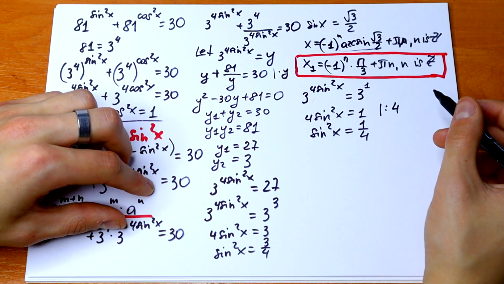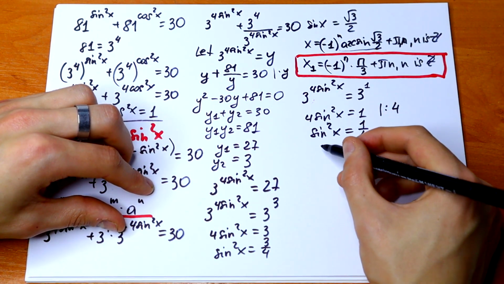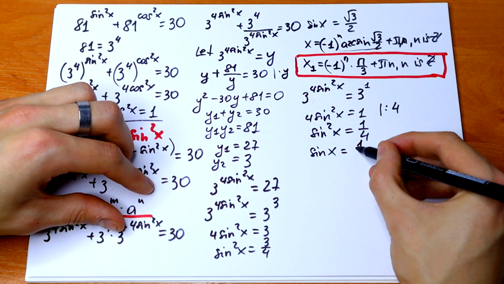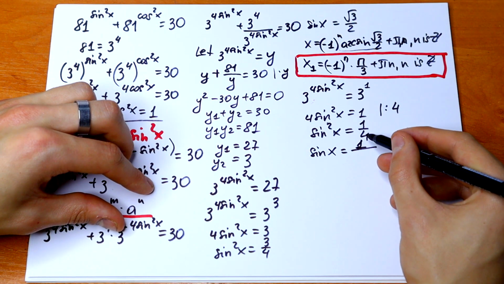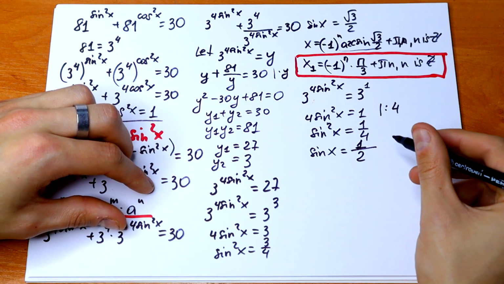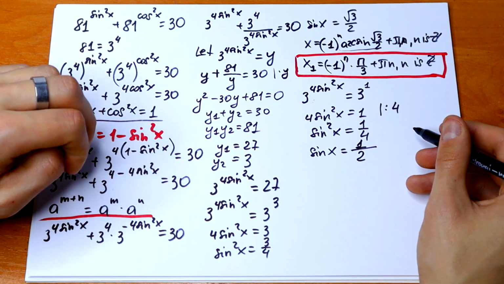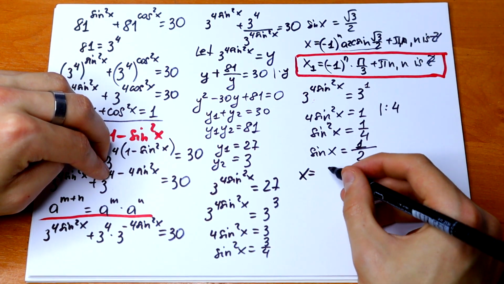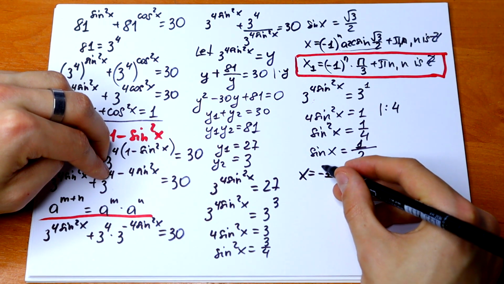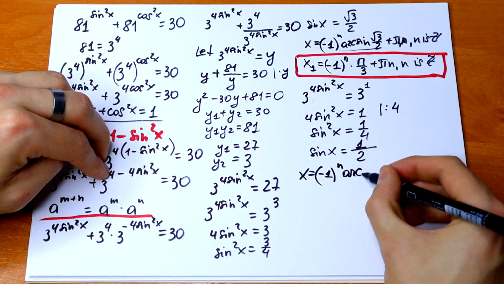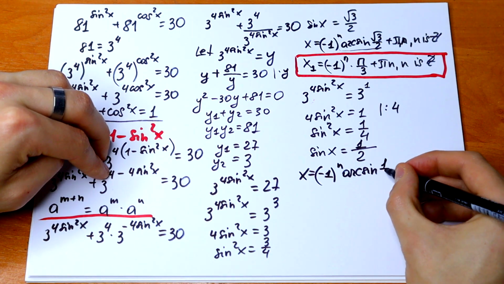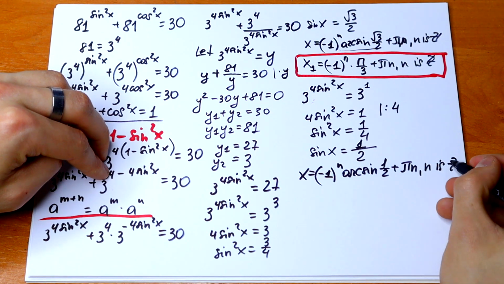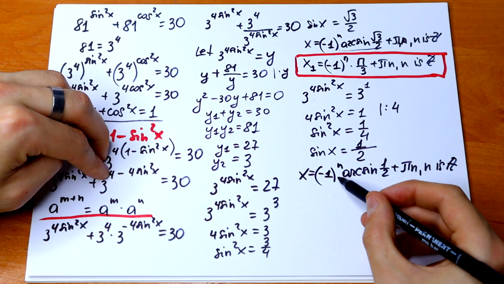So the next step, let's take the square root of both sides. We will have sine x right here, and right here we will have the square root of 1, which is 1, and the square root of 4 equal to 2. So for sure it is the table case, and we can solve this using this logic. So x will be equal to minus 1 to the power n arcsine 1 over 2 plus pi n, n is in Z. And for sure we can simplify this a little bit.